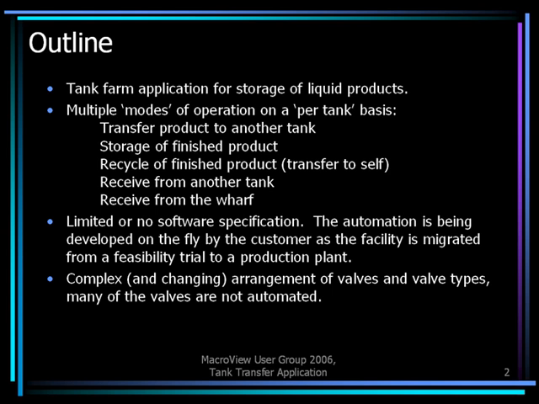Some might be the same, some might be different, but the operators in the facility would like to be able to move stuff from one tank to another, get stuff in and get stuff out of the tanks, hopefully not contaminate or cross-mix the products, but also be able to do more than one thing at a time within these 12 tanks. So if it's possible with the routing of the pipes and the valves available, we'd like to be able to move stuff from one tank to another at the same time as possibly recycling one of the other tanks or doing a second transfer if the valves will allow.